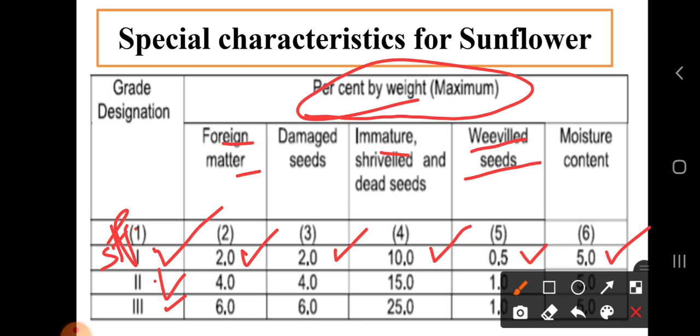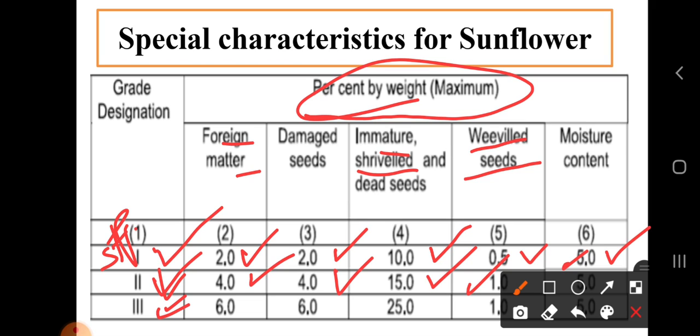Then under grade 2, foreign matter up to 4%, damaged seeds up to 4%, immature seeds up to 15%, weevil seeds up to 1%, and moisture content should not exceed 5%.